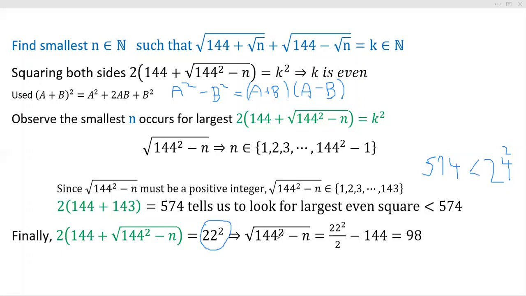Now, from this statement right here, if you square this object and you square this object, you will get, let me write it down on the next line here, that n is equal to 144 squared minus 98 squared.